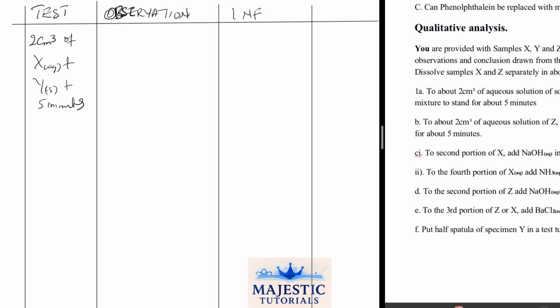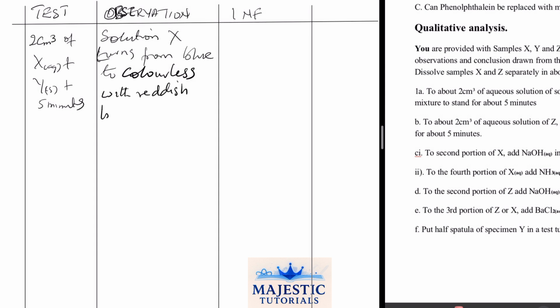Solution X turns from blue to colorless, with reddish brown particles in the solution. Inference: they might tell you that Y is a metal.